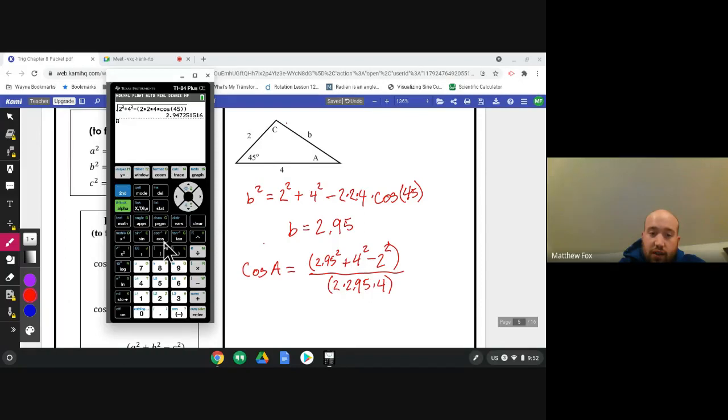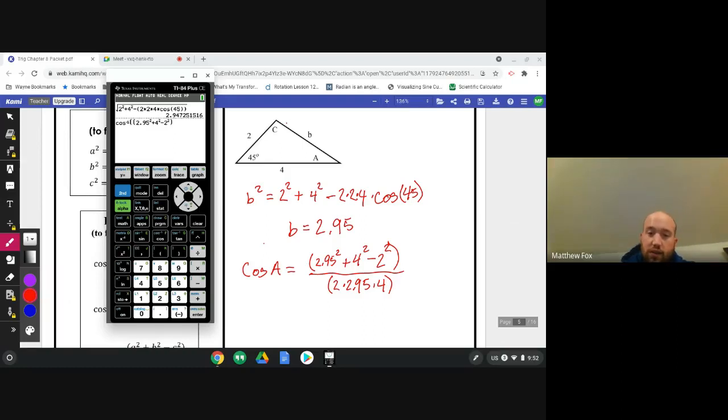So I go second cosine, which gives me inverse cosine. Now on top, I'm going to put another parenthesis. So we have 2.95 over here. Hit the squared button, plus 4 squared, minus 2 squared.